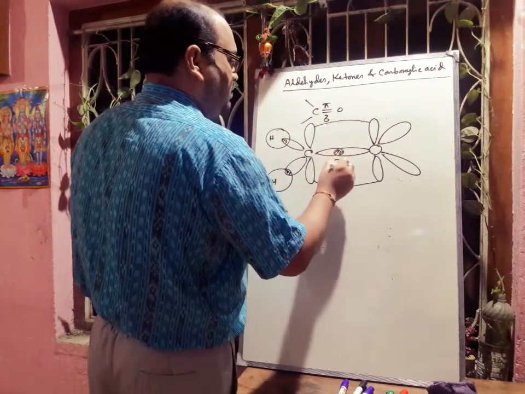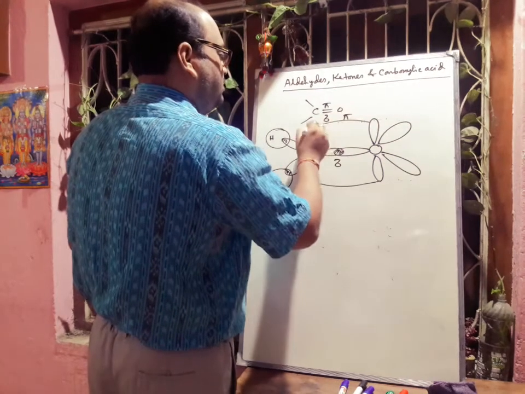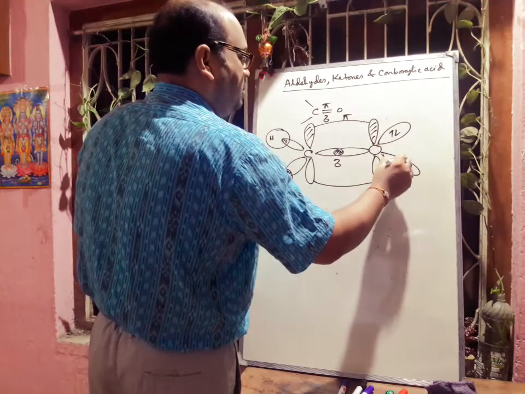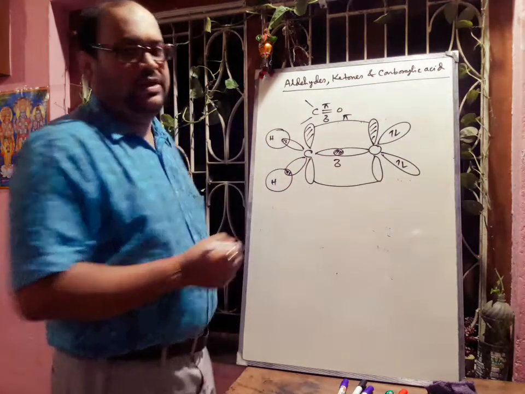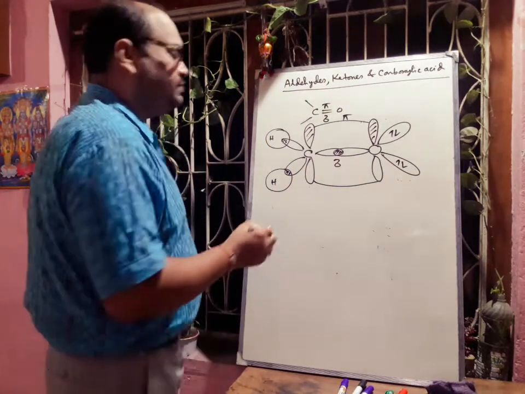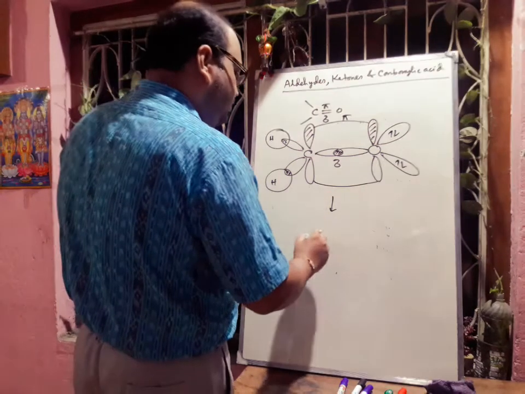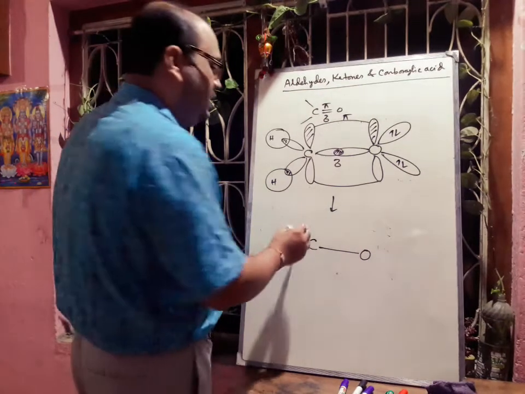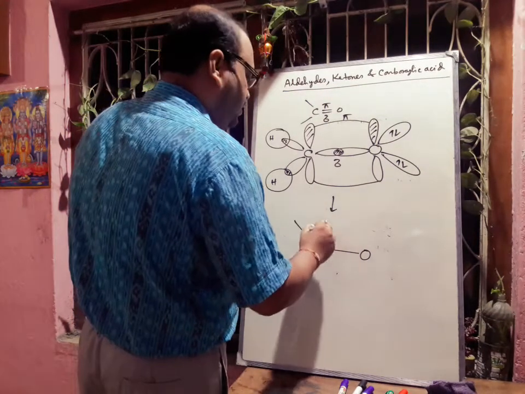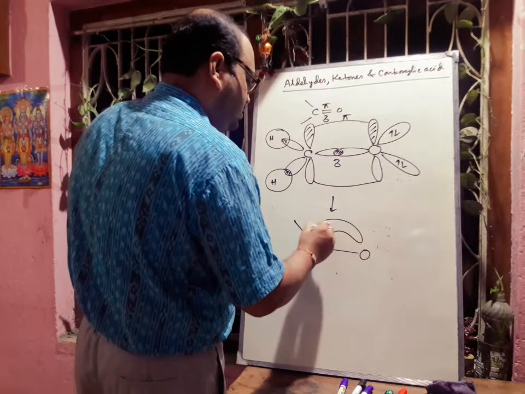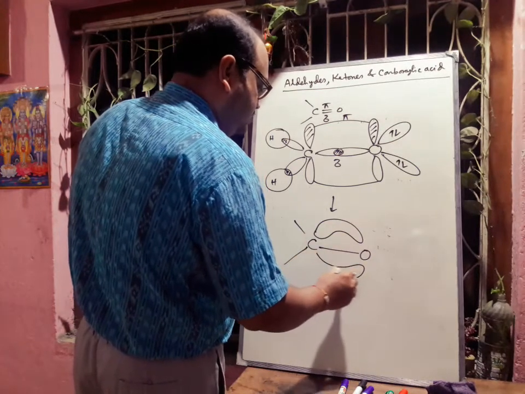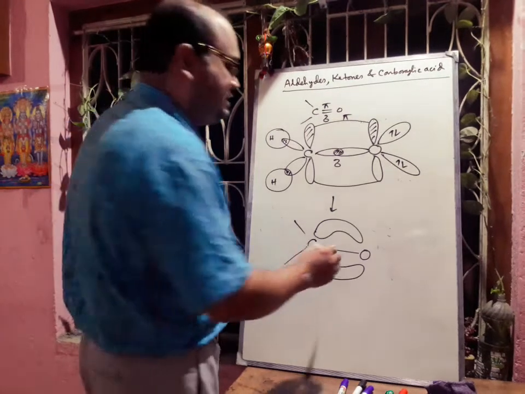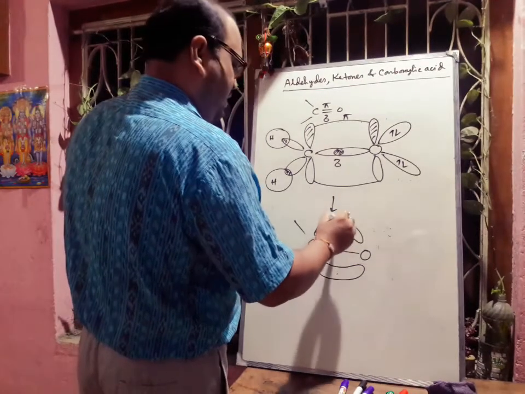This is called the sigma bond and this is called the pi bond. And the hybrid orbitals of oxygen contain 2 lone pairs of electrons. Now in this carbonyl group, above and below, there will be a pi electron cloud. This is the pi electron cloud. This one is the sigma and this is the pi.